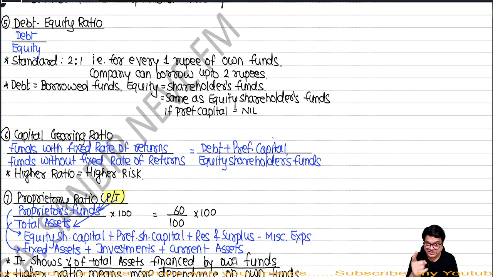Three components: fixed assets plus investments plus what? Did I hear working capital? Wrong, wrong. Total assets is fixed assets plus investments plus current assets. People, beware. If it is fixed assets plus investment plus working capital, it will become what? It will become application of funds. Correct?